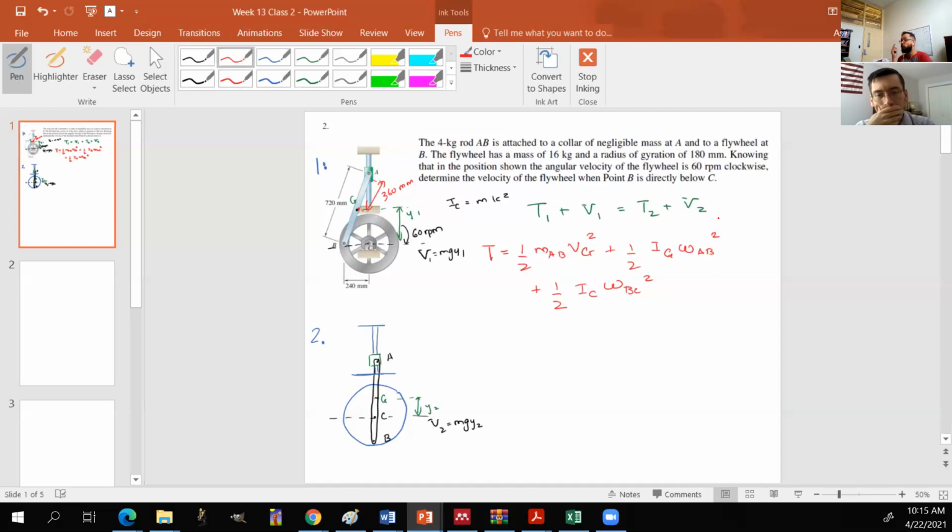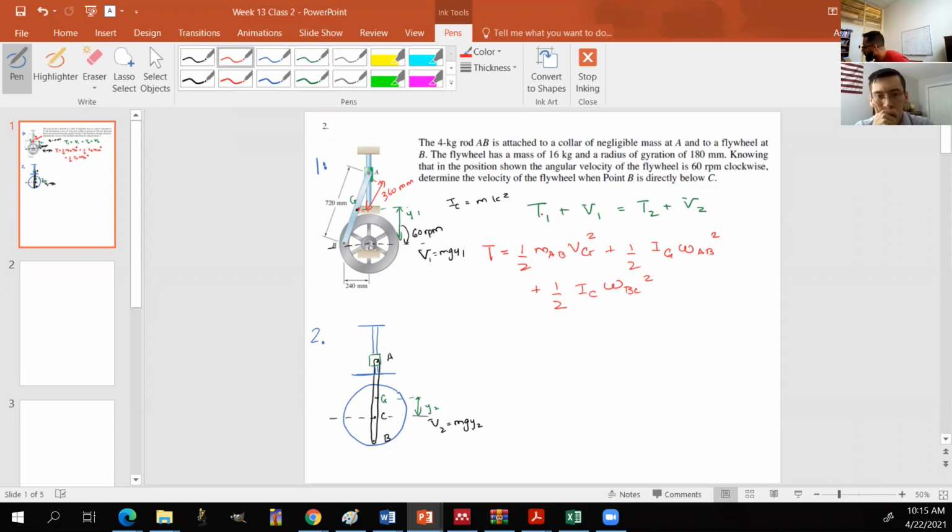So the trick here is that in position 1, we have to find out what Vg is and what omega AB is, and omega BC is given to us in this problem. We are going to find Vg and omega AB from the completely described motion of the flywheel. And in position 2, we treat omega BC as an unknown and find Vg and omega AB in terms of omega BC.